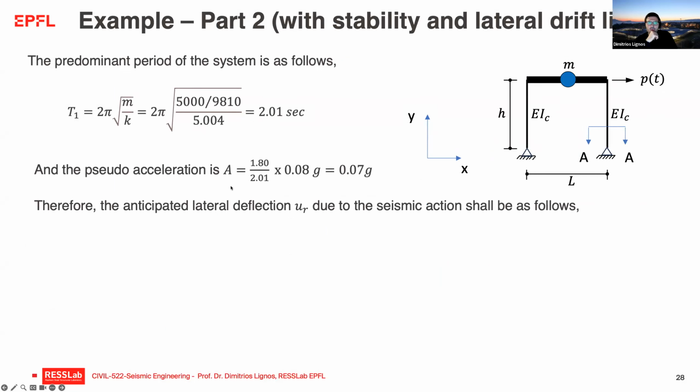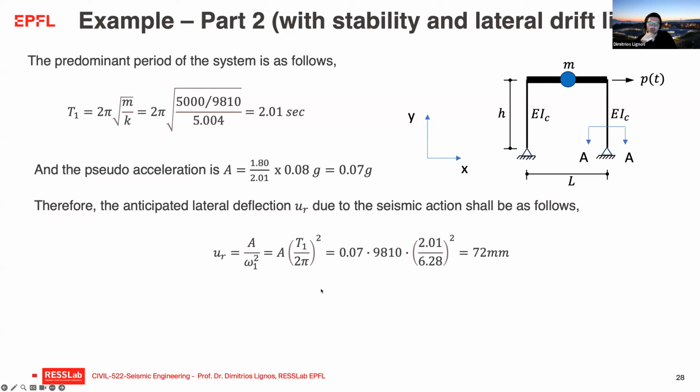With the corresponding pseudo acceleration, I will have to compute the anticipated lateral deflection UR due to the seismic action. And for this, we're going to use the formula that we saw in the lecture notes from yesterday, where UR is simply equal to the pseudo acceleration divided by omega-1 square, or if I replace omega-1 with 2 pi divided by T1, my UR is equal to A times (T1 divided by 2 pi) square.